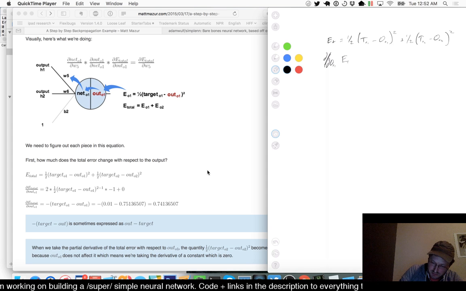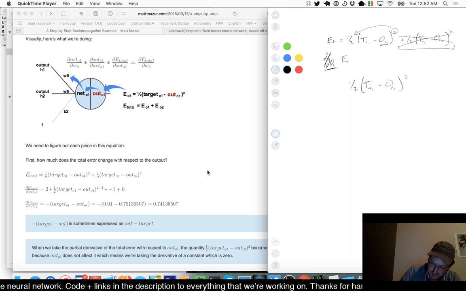And so that's going to take this exponent and drop it down. And for this term, we're taking the derivative with respect to O1. This entire term doesn't have an O1 in it, so it's just going to go away. That's the same as if we took the derivative of just this, the only thing we care about.